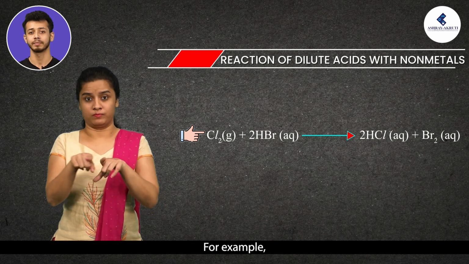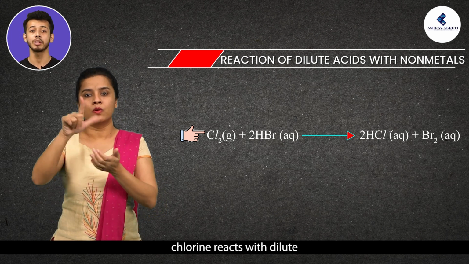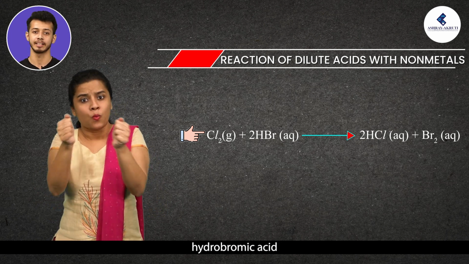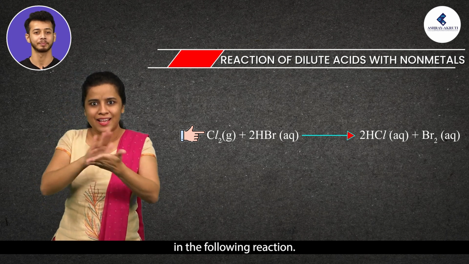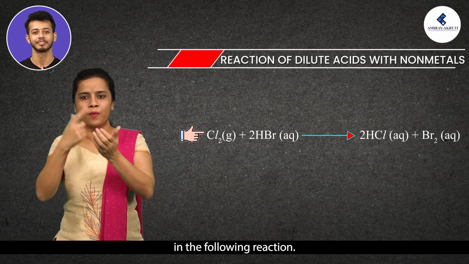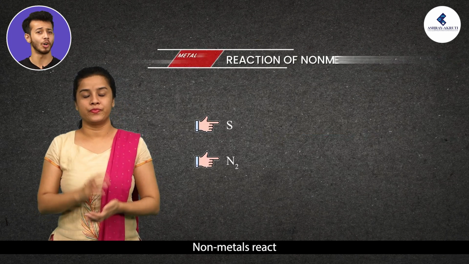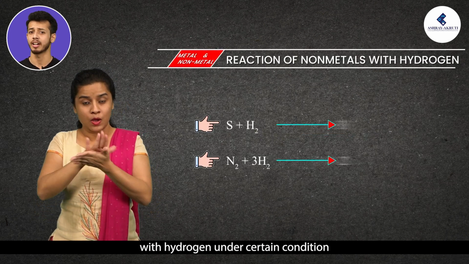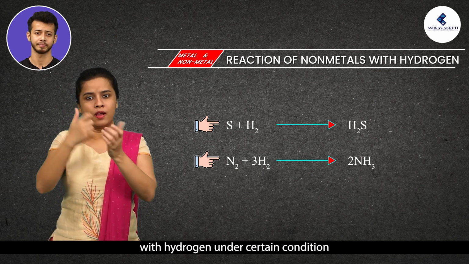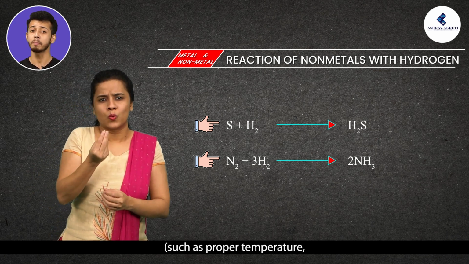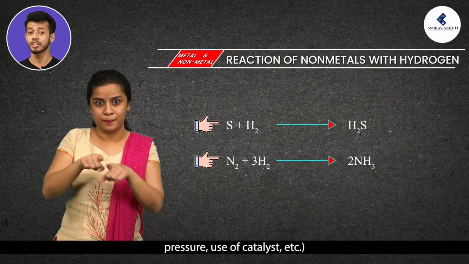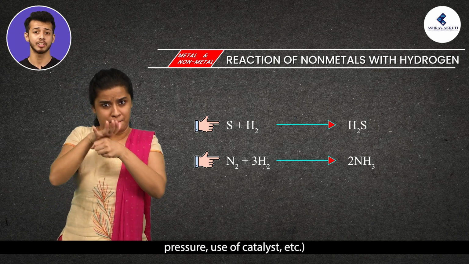For example, chlorine reacts with dilute hydrobromic acid in the following reaction. Non-metals react with hydrogen under certain conditions such as proper temperature, pressure, use of catalyst, etc.